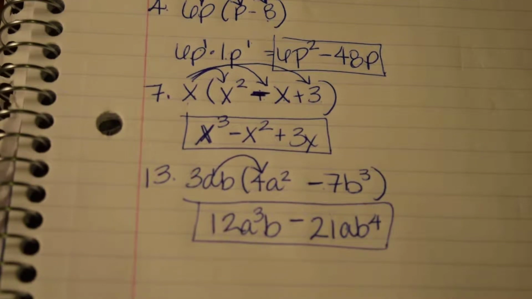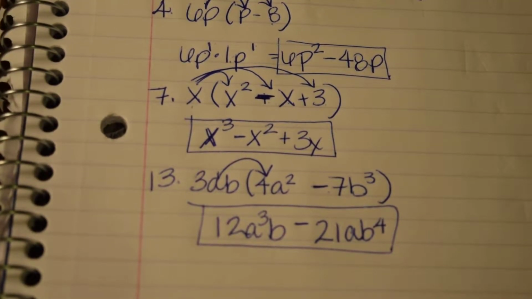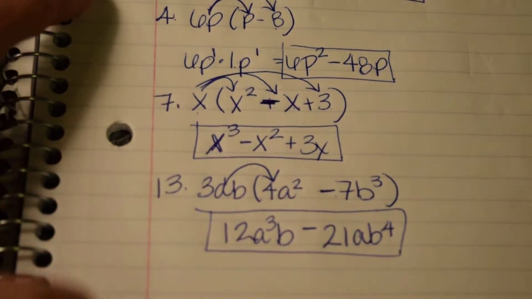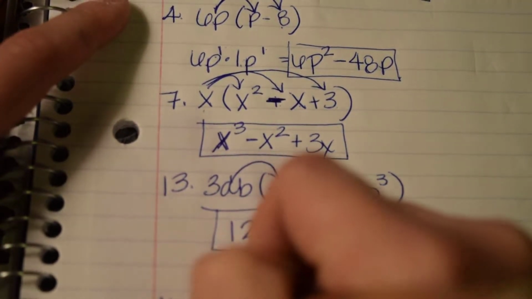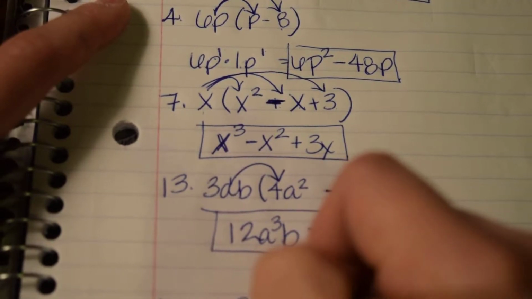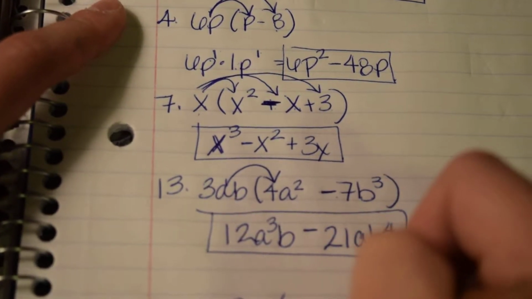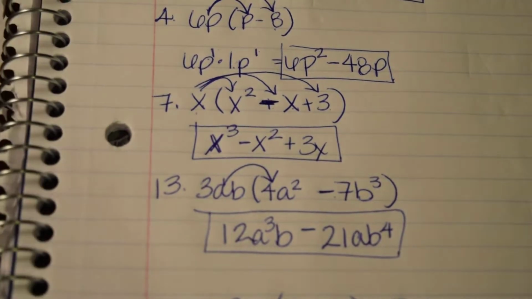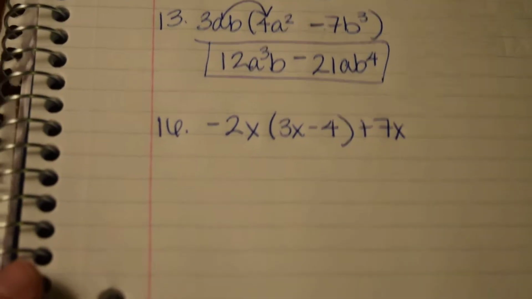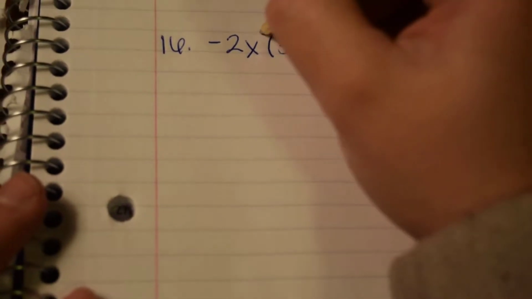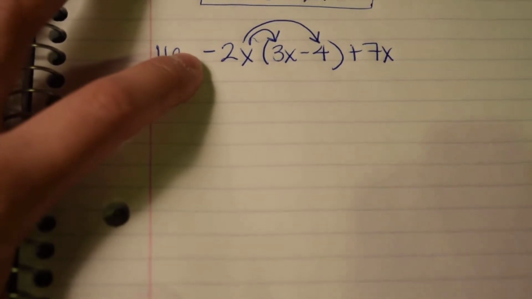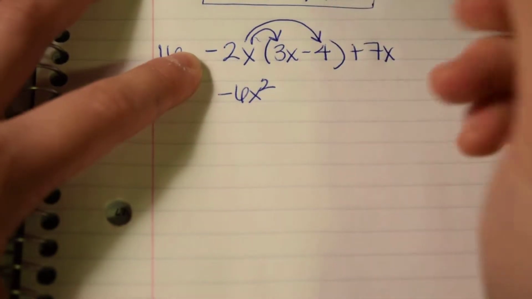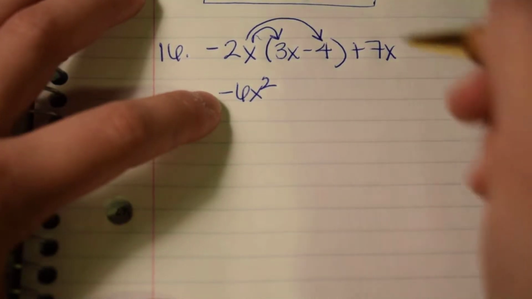All right, but sometimes what you're going to do is more than one step. I know, throwing a curveball. But let's look at number 16. It has one extra step in there. First, we are going to distribute our negative 2x to both terms inside of the parentheses. So negative 2 times 3 is negative 6x, and then we're going to add exponents, so it's squared.